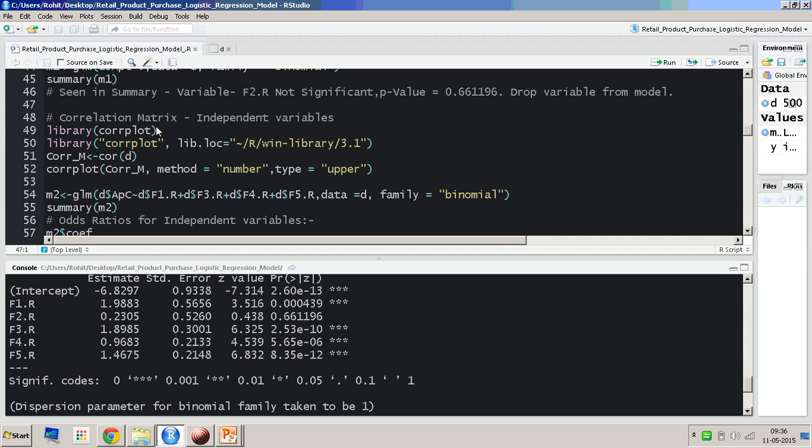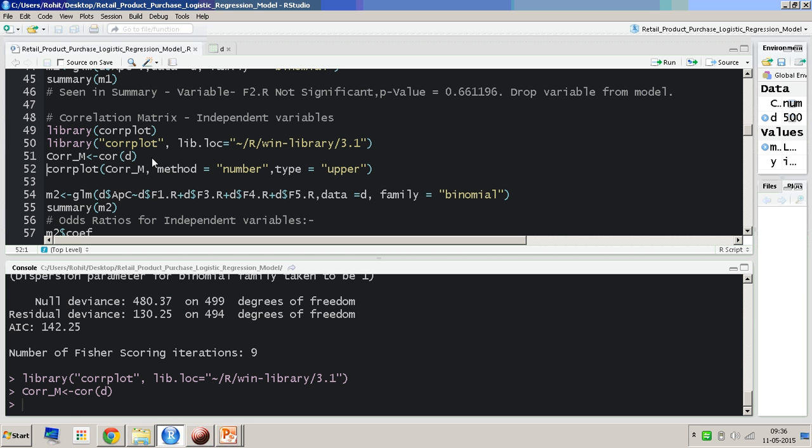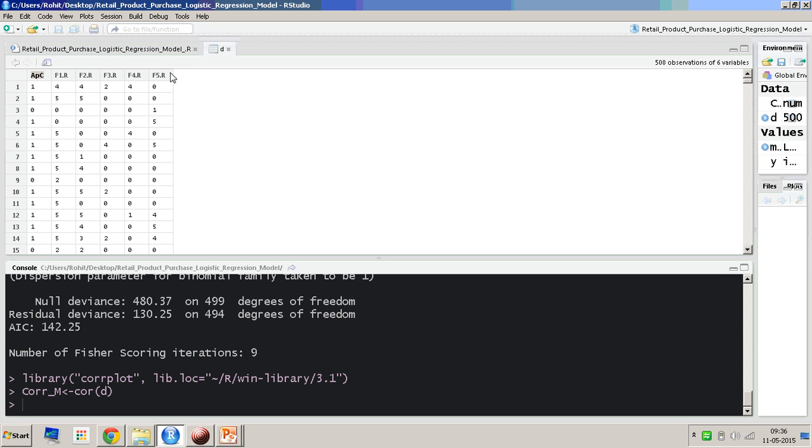So we've loaded a certain library called corrplot. And what we are basically doing is we have created this particular variable, core_m, and that entire data set has been fed into this variable. Now what it will do is pick up the column names from here, and it will show us the correlation for all the observations.